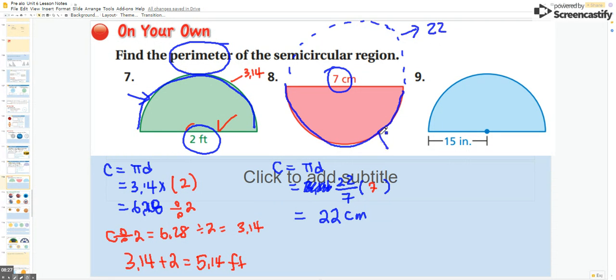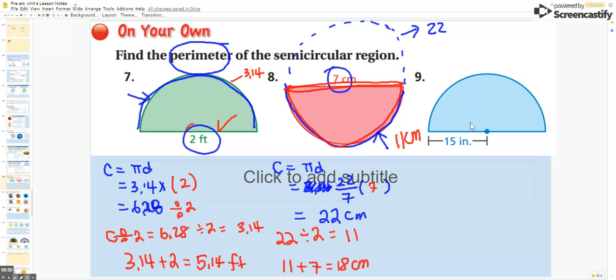But now you only have half, so you need to divide it by 2. You should know why you're dividing by 2, which is 11 centimeters. And then we need to add the top part, because we're looking for the perimeter, which is the round shape. So 11 plus 7, which is 18 centimeters.